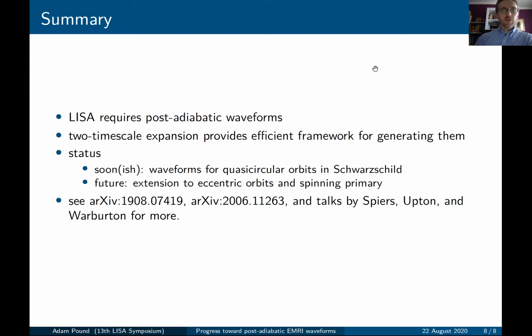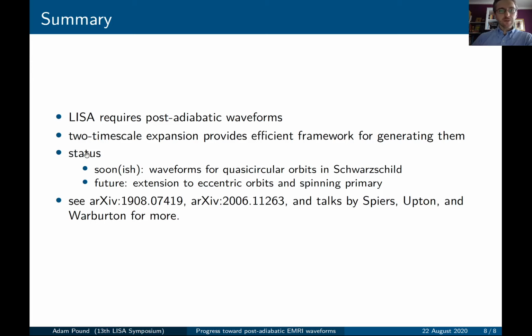Okay, so just to summarize the current status of things, it's been known for a long time that for LISA EMRI modeling, we need post-adiabatic waveforms to do the kind of science that we've promised that we can do with LISA. The two-timescale method provides a very efficient way of generating these waveforms, and it's actually currently kind of the only game in town for how we're going to do this.